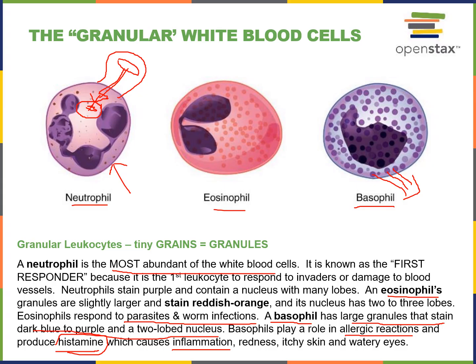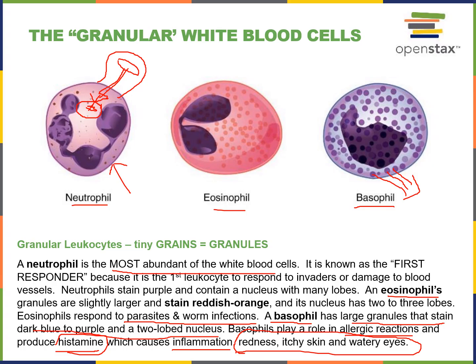An inflammatory response has a particular pathway that it follows. But one of the symptoms, or a consequence of this inflammatory pathway, is redness, itchy skin, and watery eyes.